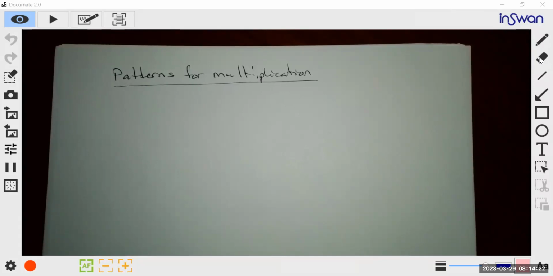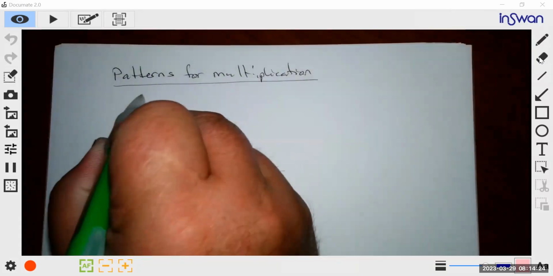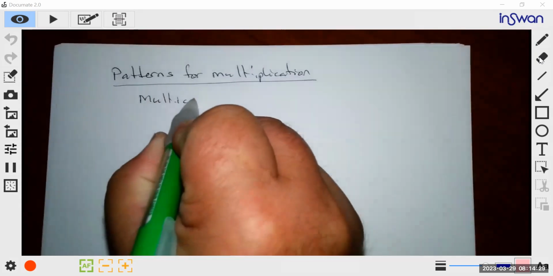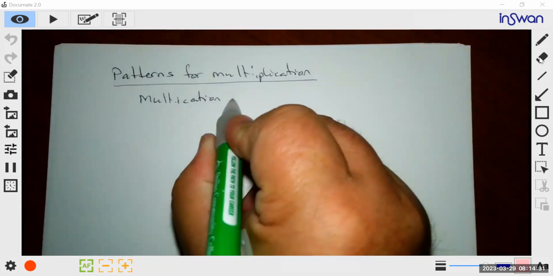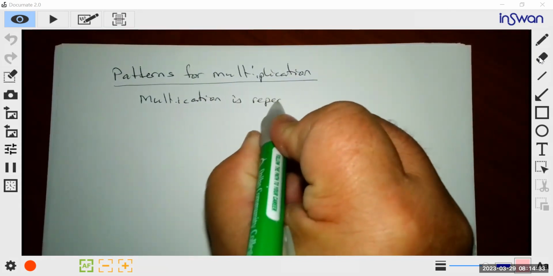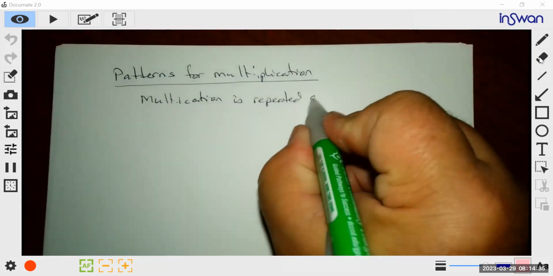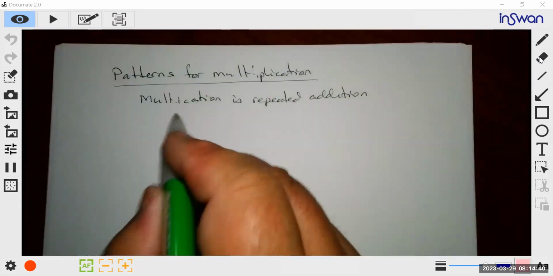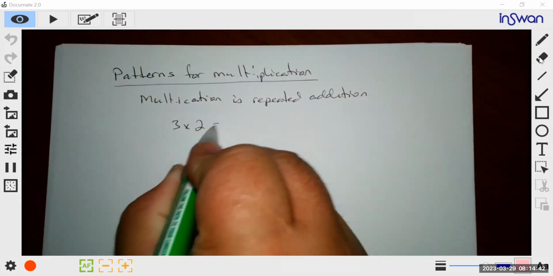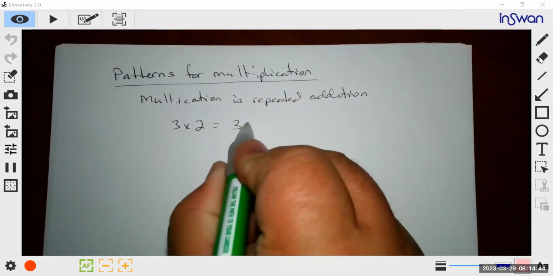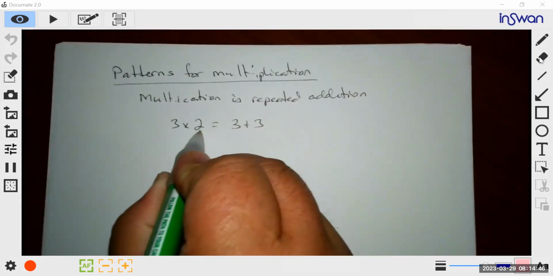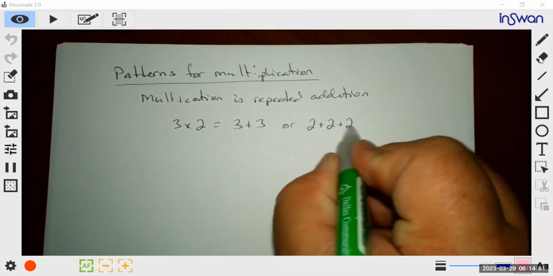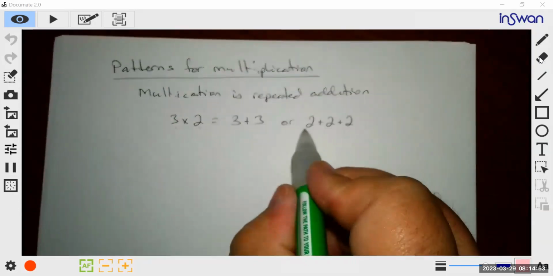All right, so how do we use patterns? Good. Remember, multiplication is repeated addition. 3 times 2 is either 3 plus 3, the number 3 twice, or 2 plus 2 plus 2. 3 groups of 2.